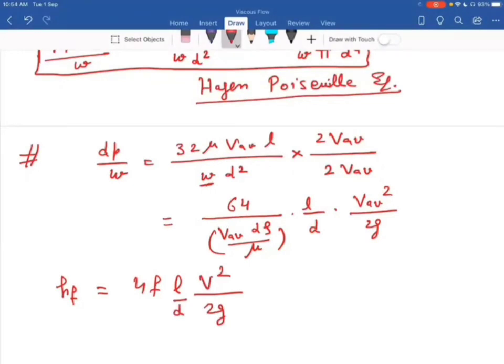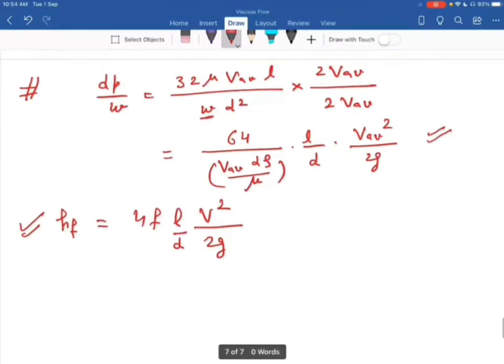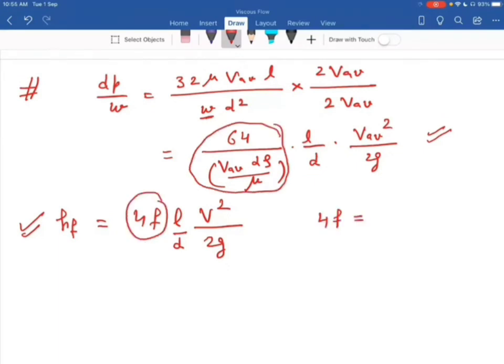This is the Darcy-Weisbach equation, and this is the Hagen-Poiseuille equation. So from here you can see the value of 4F as 64 divided by V D rho by mu, which is the Reynolds number.